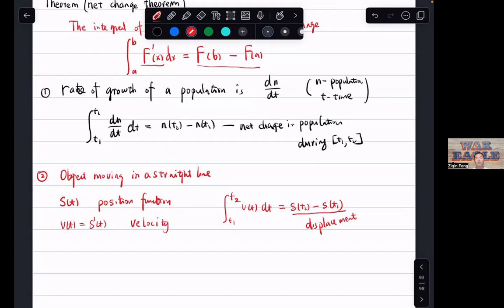But sometimes you want to evaluate the distance. The distance is the integral from t1 to t2 of the absolute value of v of t dt.